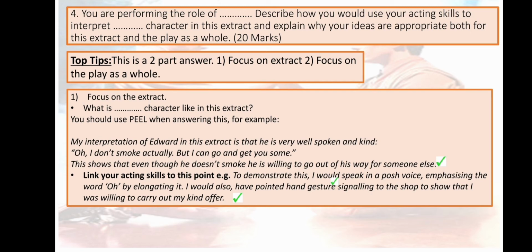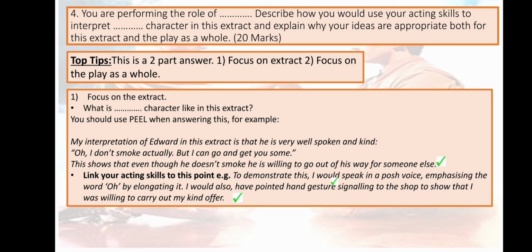For example, to demonstrate this, I would speak in a posh voice, emphasising the word "oh" by elongating it. I would also have pointed hand gestures, signalling to the shop to show that I am willing to go and get the cigarettes. Pause the video here to complete this task.